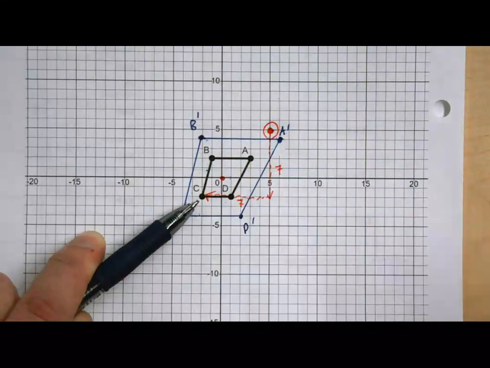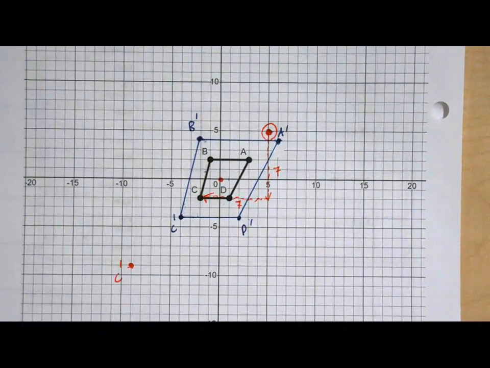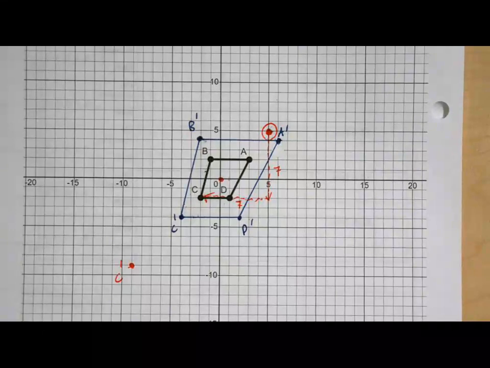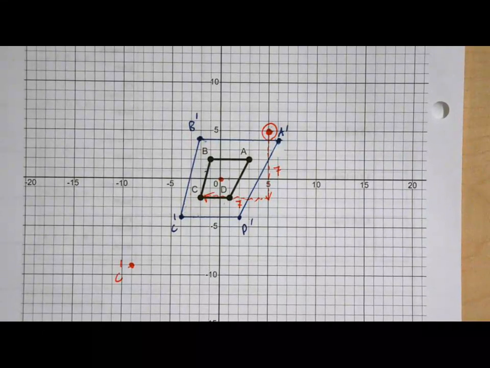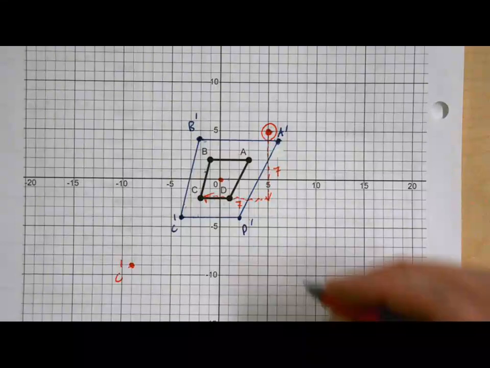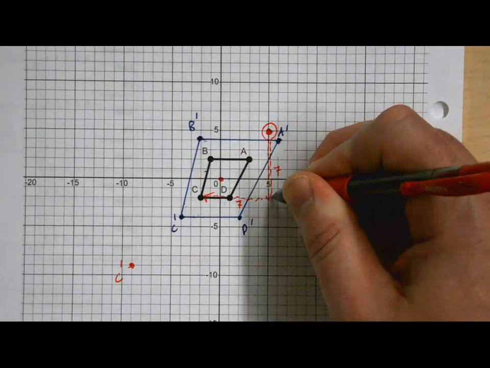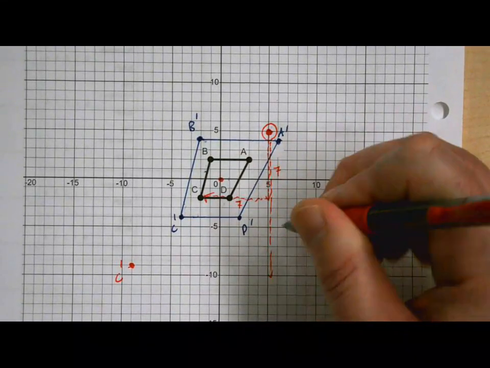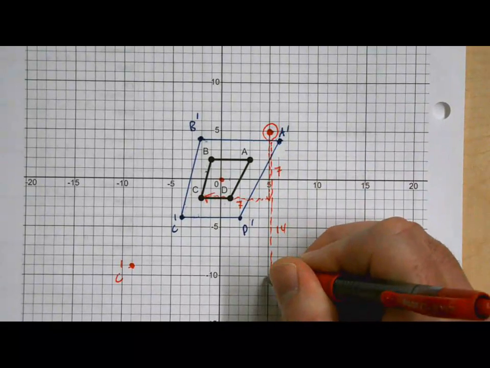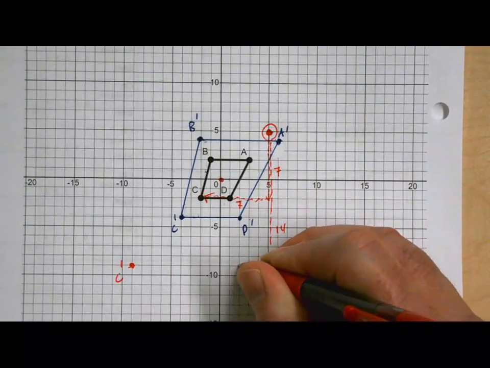Go ahead and sketch those arrows on there if you think that might be helpful. And then we doubled that. So we counted down 14 and over 14. I went a little too far there.